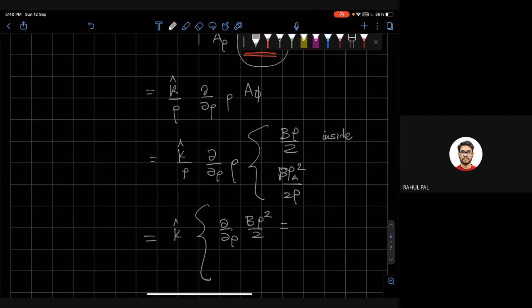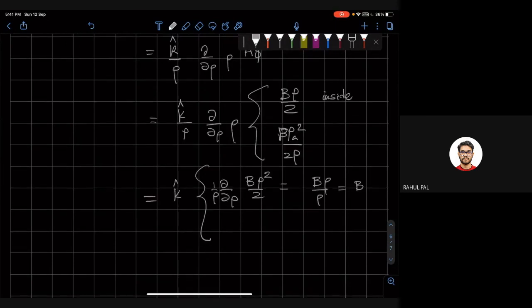So we get, what do we get? We get B rho, and there is a rho divided by rho here. So if I take that inside, let me just put the 1 over rho here. So there'll be rho, and then we just get B, right? So this is inside.